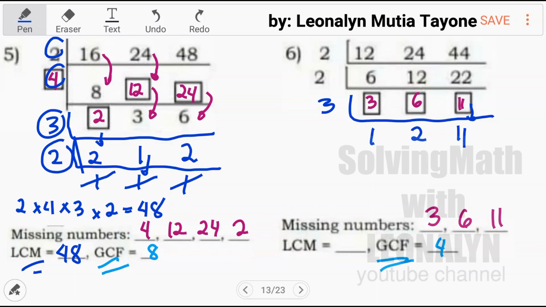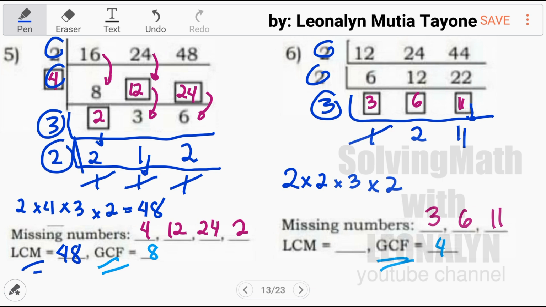So, pwede na tayong mag-multiply. 2 times 2 equals 4. Times 3 equals 12. Times 2, ignore na natin yung 1 kasi pareho lang din naman. Times 2 equals 24. Times 11, and that is 264. So, ang LCM dito ay 264.